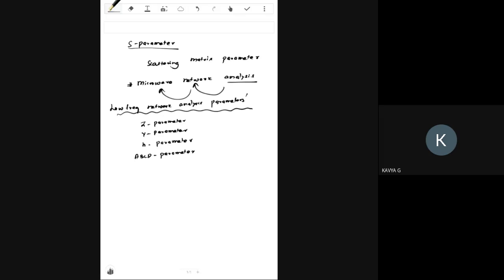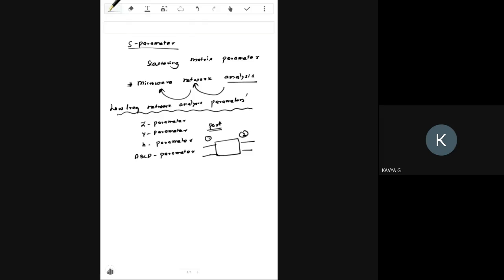Okay. So these parameters are basically used to relate the voltages and currents in the circuits. Typically if you take a two-port, this need not be only two ports, it can be extended to many ports. If I take a two-port device, what does port mean? A port is basically the way signals can enter and exit the network. We call it a two-port network if the input is given here and the output is taken here, or the input is given at 2 and the output is taken at 1.